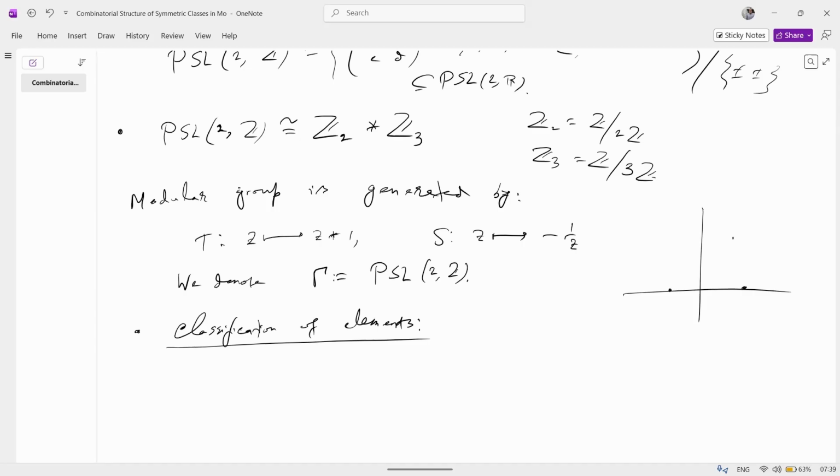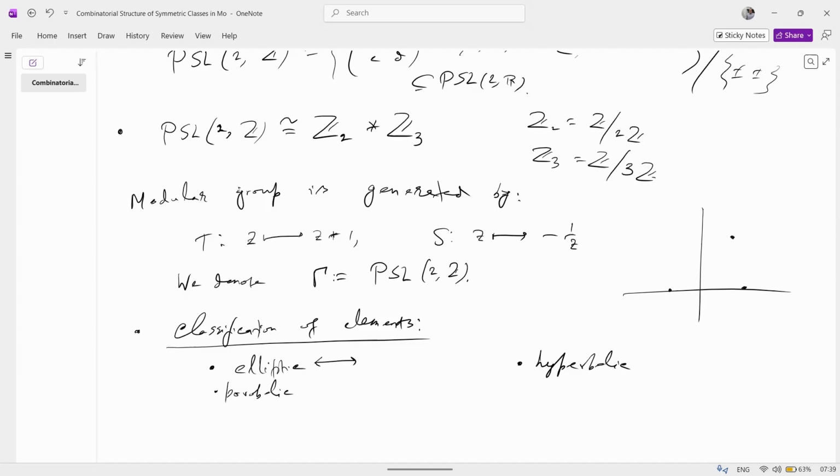Based on that, we can classify elements in PSL2R as elliptic, parabolic, or hyperbolic. So elliptic means it has a fixed point inside the hyperbolic plane.